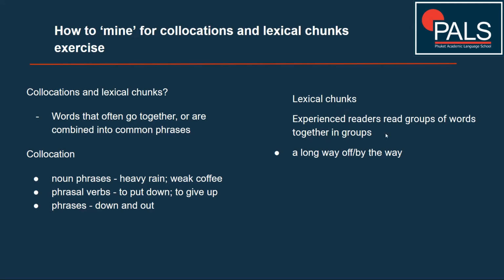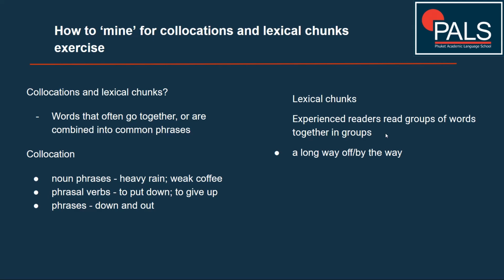Experienced readers read groups of words together. Okay, so if you monitor a native speaker or a regular reader reading compared to someone who is not a regular reader, the reason the regular reader can read so much more quickly is the more we read, the more we practice, the more we begin to group words together.